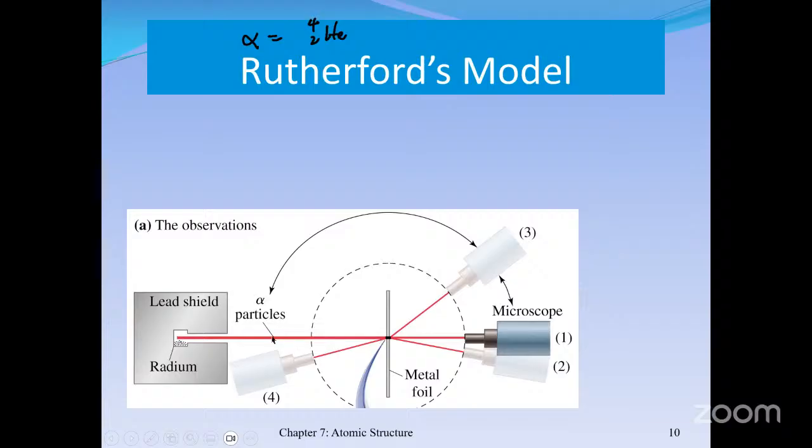Some of them are deflected, and there's a detector, a microscope, that he used to detect the presence of those particles. Most of them pass right through the metal foil. Some of them are deflected, as shown here, and some of them are turned back, in other words, going in the opposite direction without passing through the foil.